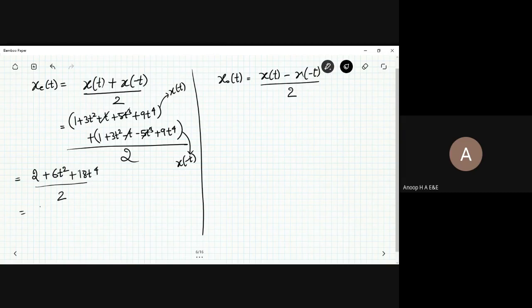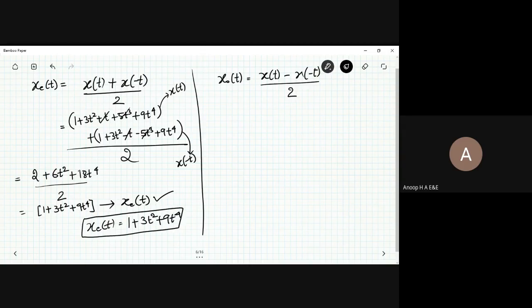Taking 2 as the common factor, 1 plus 3t squared plus 9t power 4. This is the even component of the signal, x even of t, and it is 1 plus 3t squared plus 9t power 4.